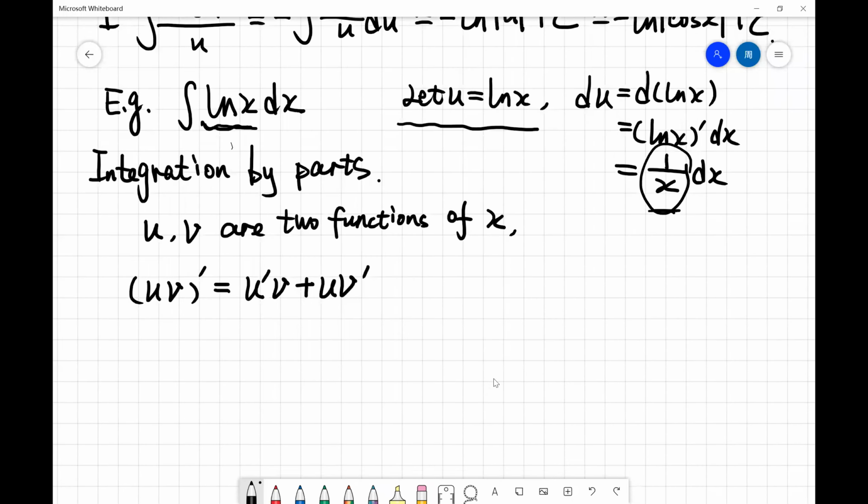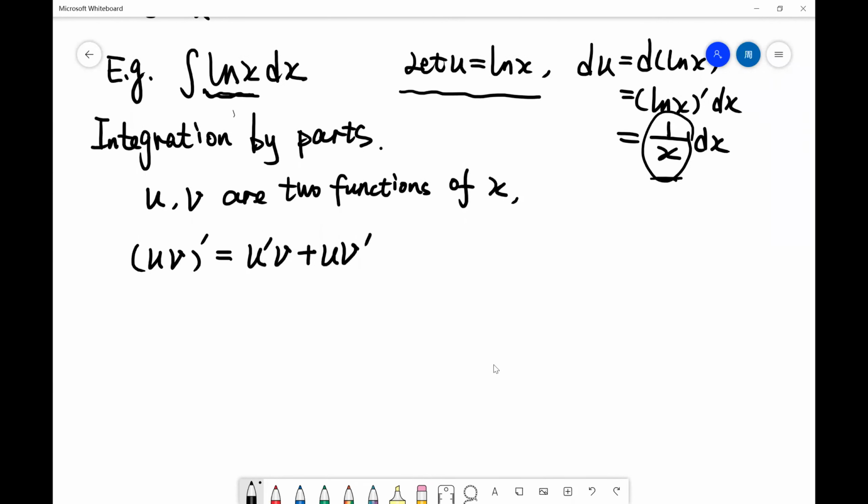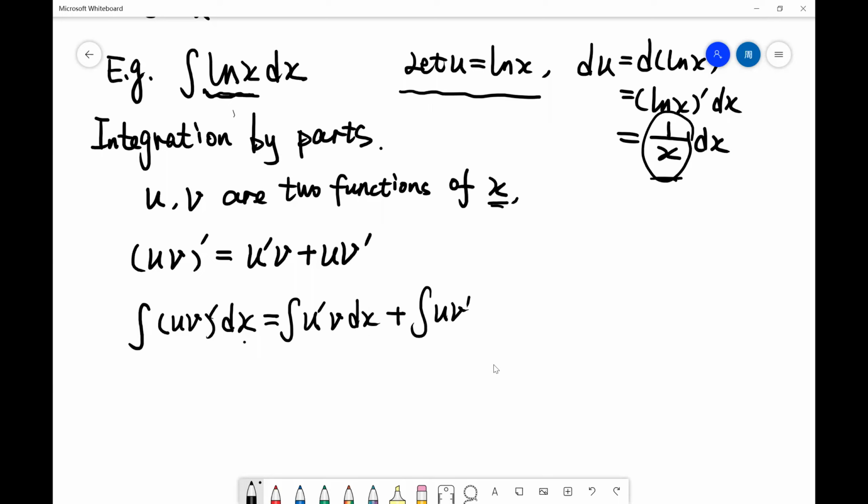And then we can consider integration on both sides. So that means we consider integration on both sides, because here the variable is x, right? They are functions of x. So that equals the integral of u'v dx plus the integral of uv' dx here. And we consider part by part.